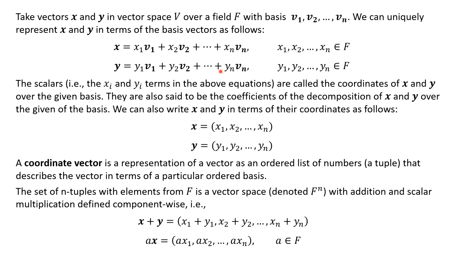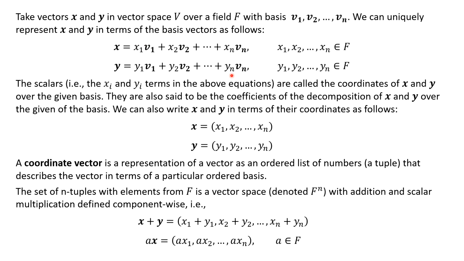In any event, we have this representation here. The scalars x sub i and y sub i in the above equations are called the coordinates of x and y over a given basis. Another terminology is to call them the coefficients of decomposition of x and y over the given basis.